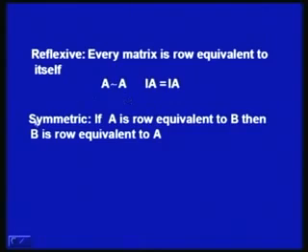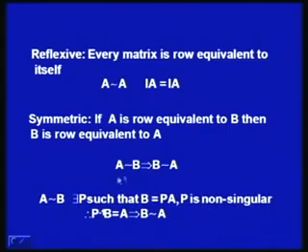Then the relationship is symmetric. By this I mean to say if A is row equivalent to B, then B is row equivalent to A. Now, the proof of this is simple. If A is equivalent to B, then there exists a matrix P such that B is equal to PA, where P is a non-singular matrix.